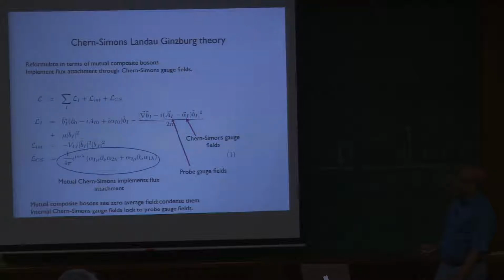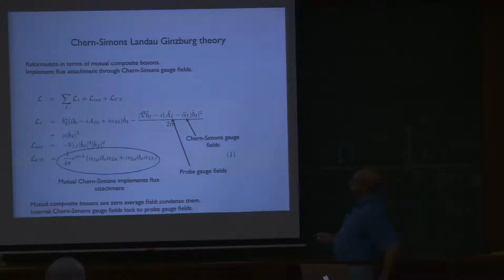So now, because of these conditions, the average value of the flux of the Chern-Simons gauge field is exactly the same as the average density of particles. And because of the filling fraction condition that each species is at filling fraction nu equals 1, the average flux of the internal gauge field is the same as the flux of the external gauge field. So I can cancel these off against each other in a mean field description.